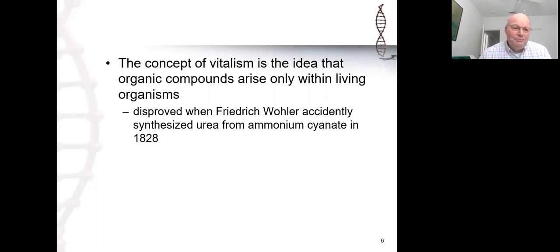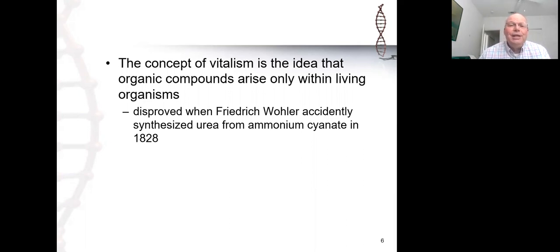And so Wöhler was really familiar with the look of urea. And one day when he came into the lab in 1828, he noticed that there were some of these yellow crystals, presumably urea, sitting in a beaker. The problem was he knew that he'd not had urine in that beaker.